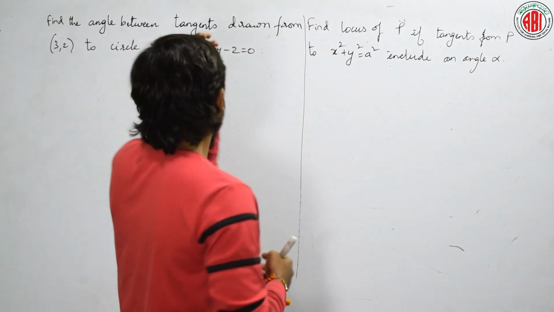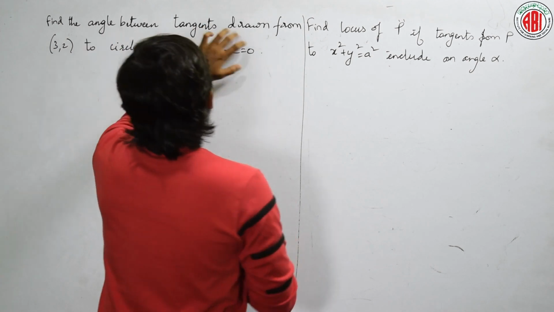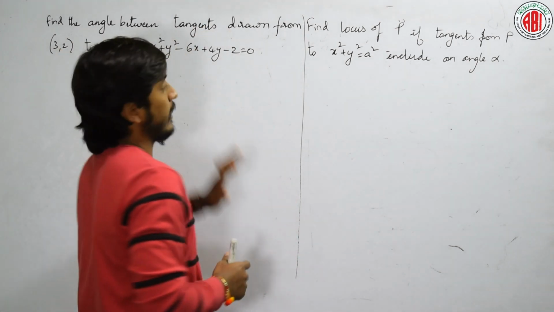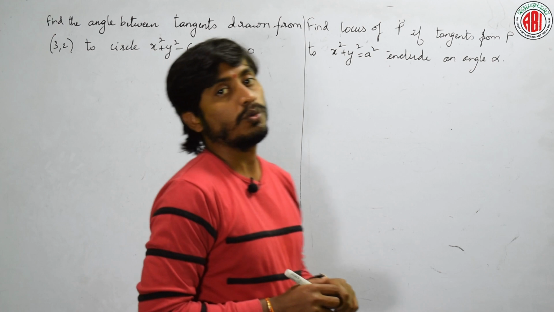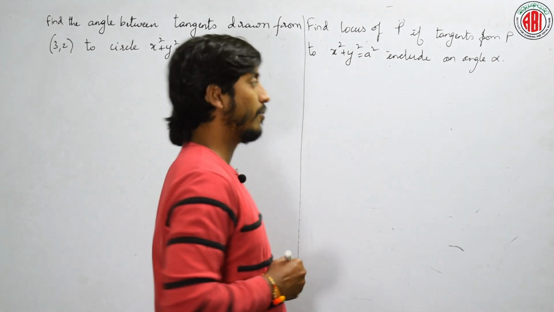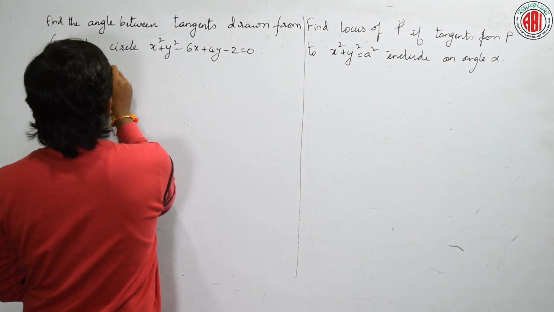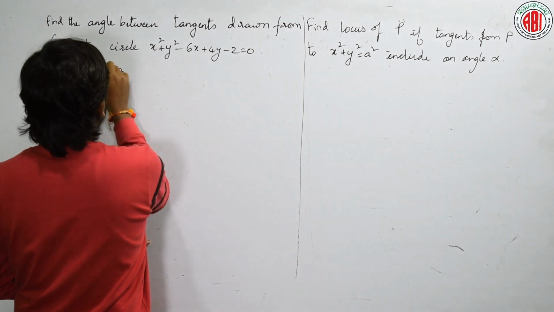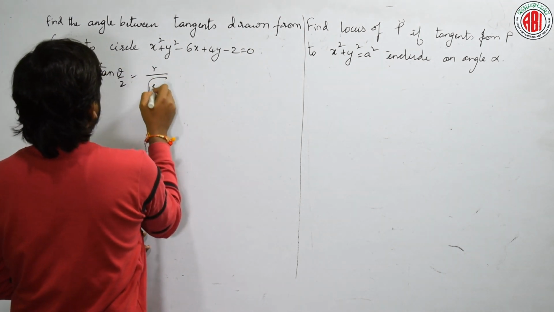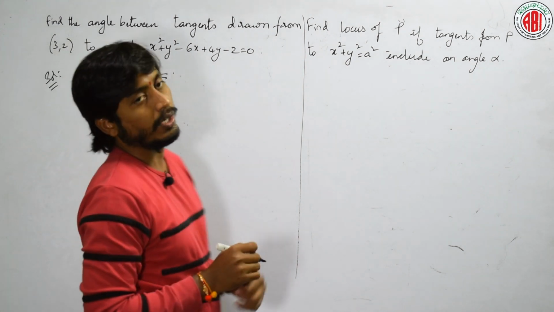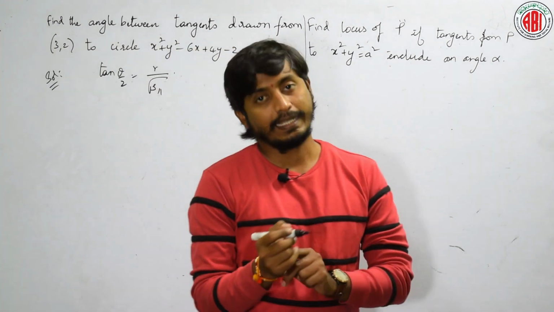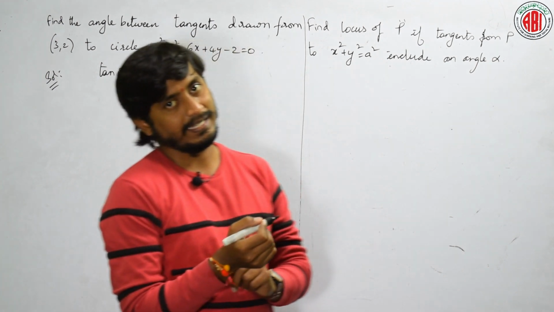See here, the question: find the angle between the tangents drawn from a point to the circle. How do we find the angle between two tangents? We have a formula which is tan theta by 2 is equal to r by root S11. So, in order to do that, we have to find the center and the radius first, right.